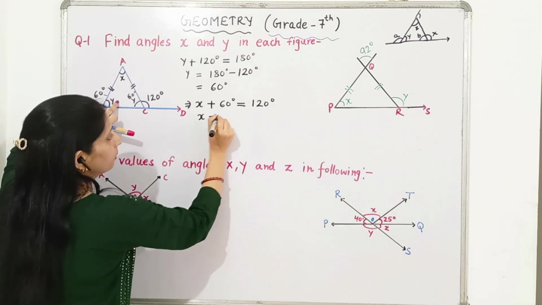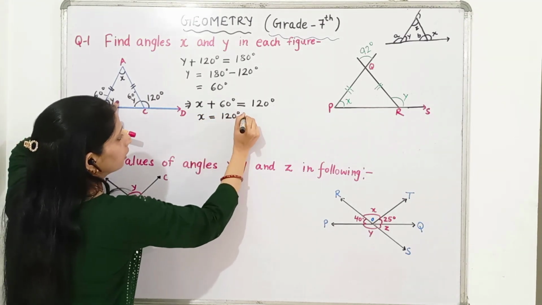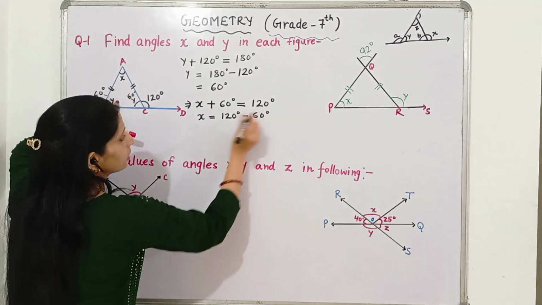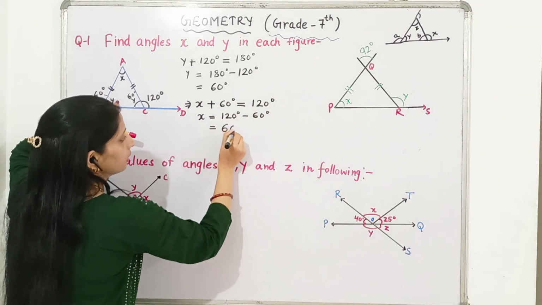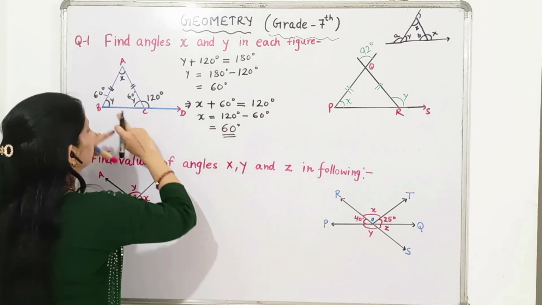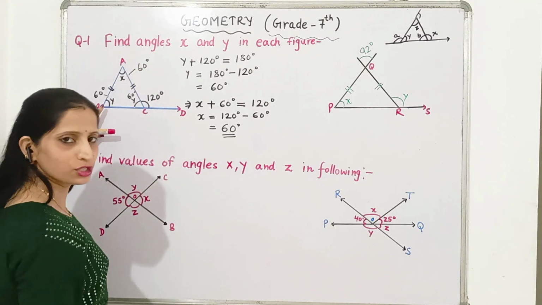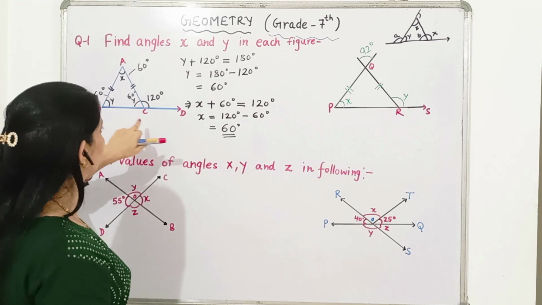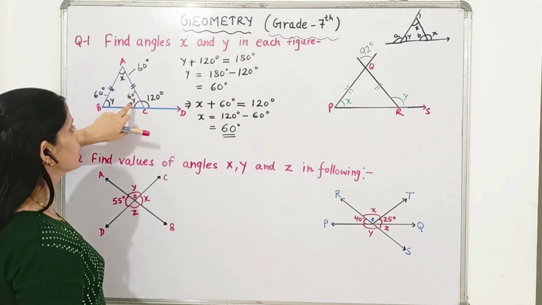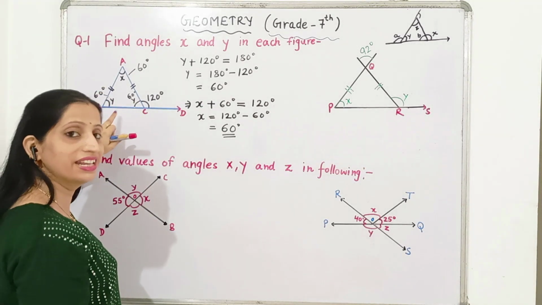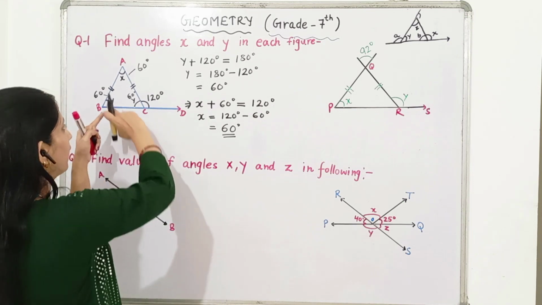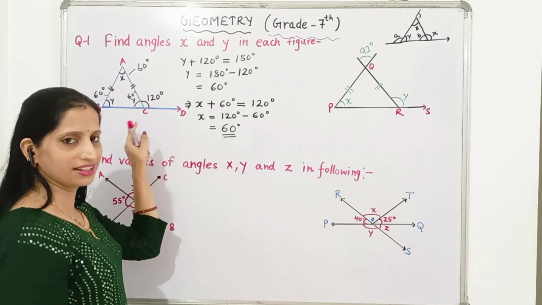Now x will be 120 degrees minus 60 degrees, that is 60 degrees. The answer will be 60 degrees. Means the value of x will be 60 degrees, the value of y will also be 60 degrees. And this is also 60 degrees. So we can also say that this is an equilateral triangle, because all the angles are 60 degrees here.